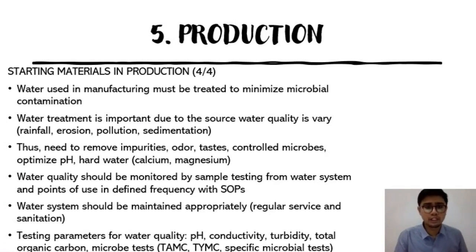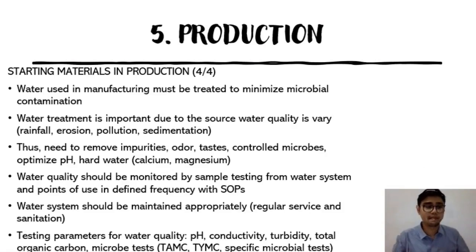Water quality monitoring and maintenance of the water treatment system should be done at appropriate intervals. The monitoring of water quality involves testing the water pH, conductivity, turbidity, total organic carbon or TOC, and the microbial limit test, which consists of the total aerobic microbial content (TAMC), total yeast and mold content (TYMC), and specific microbial test to maintain its quality.